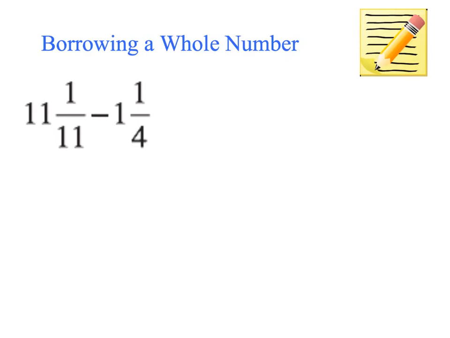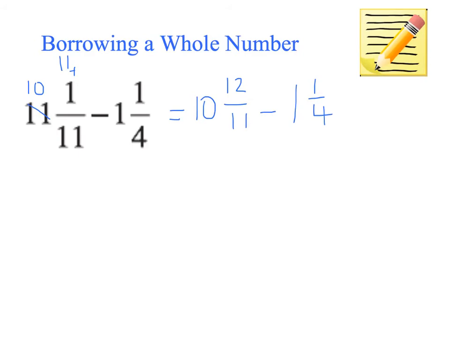So we can see that 11 over 11 equals a whole number, so we'll change this to 10. And so this, we need to add 11 to the 1, so 11 plus 1. So in this case it will be 10 and 12/11 minus 1 1/4.